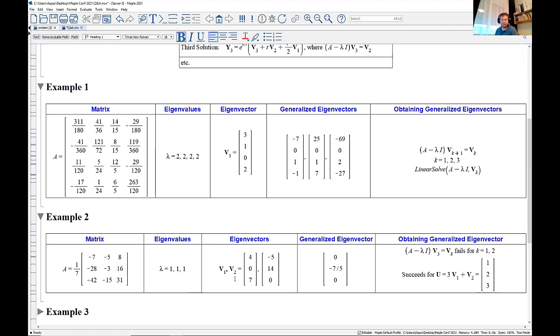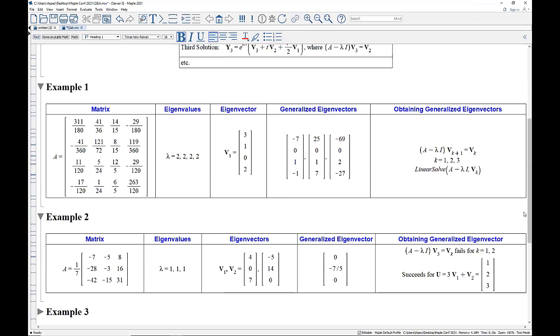You have 2 eigenvectors. You need 1 generalized eigenvector. So you try that trick of going up the chain based on V1, and you get inconsistent equations. It doesn't work. You try it with V2, inconsistent equations. It doesn't work. You need a specific linear combination. You need a specific eigendirection in that eigenspace in order to go up the chain.